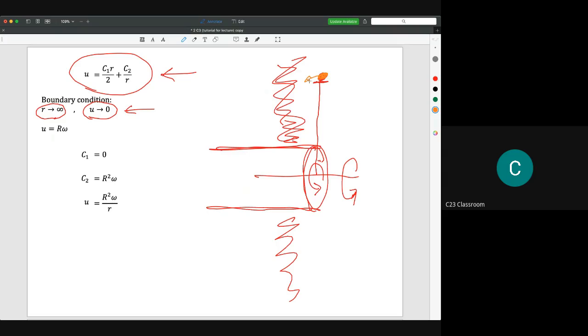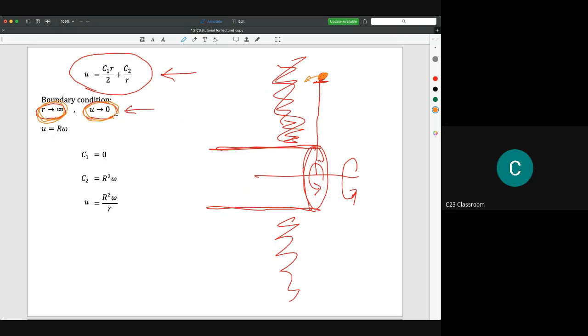I hope you understand that. That's why we put a boundary condition like this: when r goes to infinity, the velocity becomes 0.